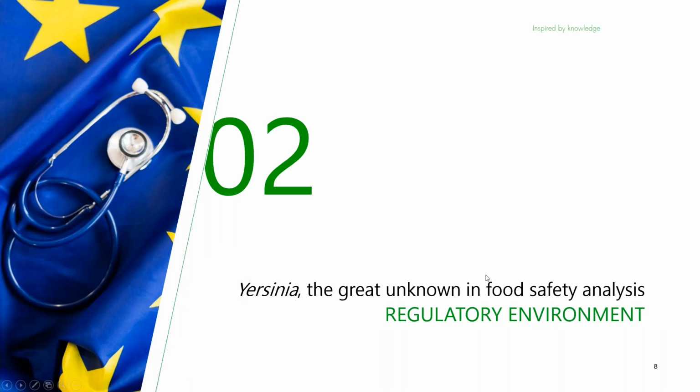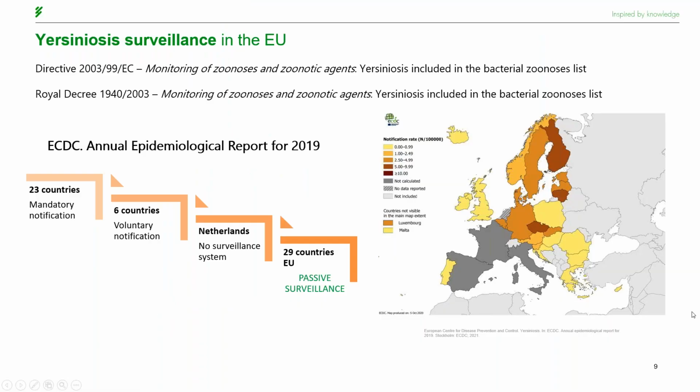So we will quickly review now the regulatory environment for yersiniosis in the European Union and the European Economic Area, based on data from the latest ECDC epidemiological report published this January. Yersiniosis is contemplated within zoonoses to surveil and is included in Annex 1 of Directive 2003/99/EC on the monitoring of zoonoses and zoonotic agents.